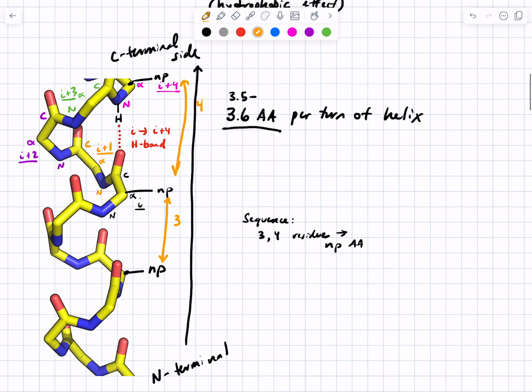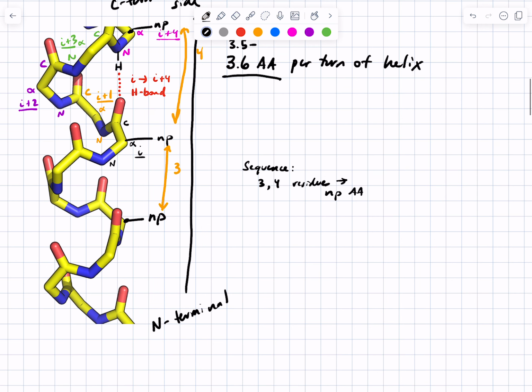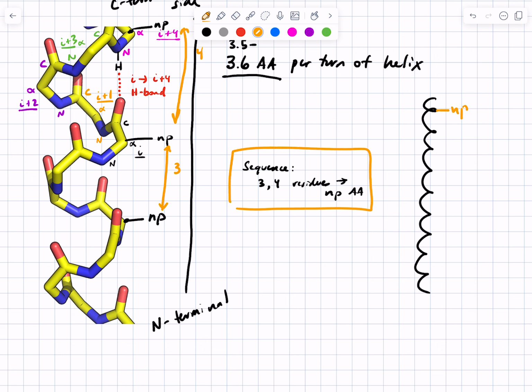What I'm trying to illustrate is that the spacing of nonpolar amino acids every 3 and then 4 puts nonpolar amino acids all on the same side of the helix, all the same side of the cylinder, okay? So if we were to draw an alpha helix schematically, and it had this repeating pattern of nonpolar residues every 3 and every 4, then what we would see is basically once every turn of the helix, we would have a nonpolar amino acid.